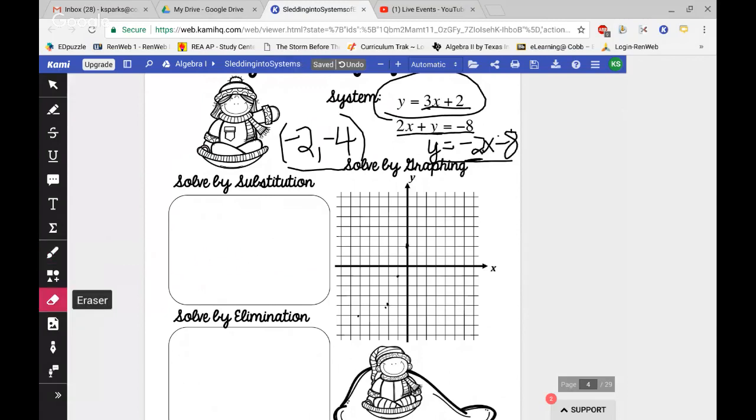I got to start over. I only went up 2. 1, 2, 3, left 1. 1, 2, 3, left 1. Okay, so I'm graphing that one. You agree? Yes, ma'am. I've used slope intercept form.